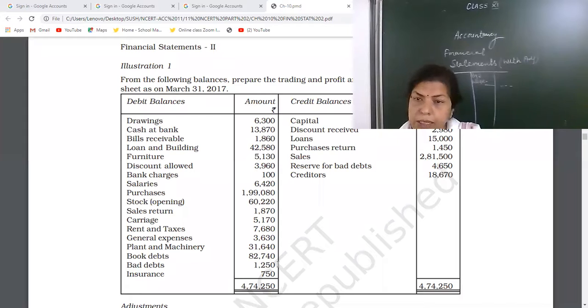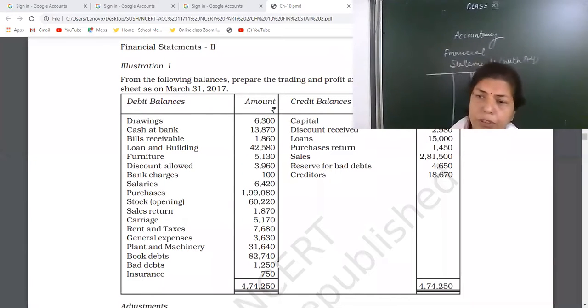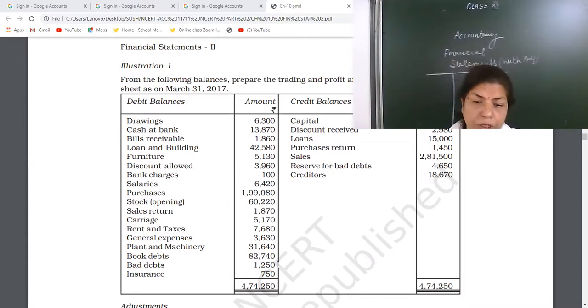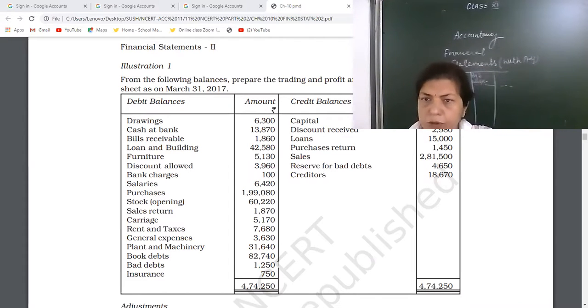Now, insurance, P&L debit. See, my dear children, if that insurance is given as factory insurance, then it will be transferred to trading account. But if nothing is mentioned, then it will be termed as indirect expenses and it will be shown on the P&L debit. Very good.